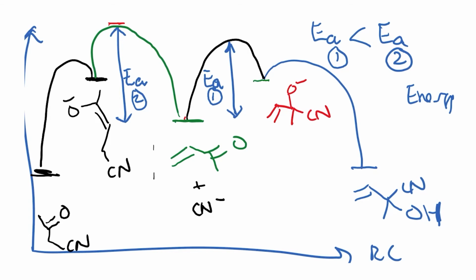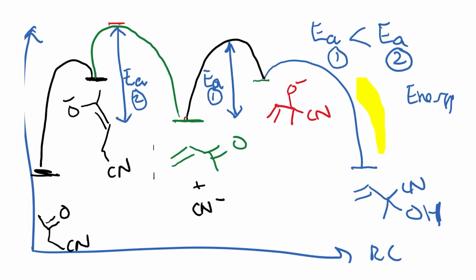Now, here's the question about reversibility. So, when you look at a reversible reaction, what it means is that the barrier for the reverse reaction, that is, barrier for this reaction, is going to be accessible at the temperature at which you're doing the reaction. Okay, so when we look at the formation of a cyanohydrin, we know that it is reversible.